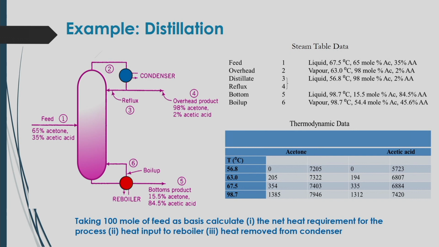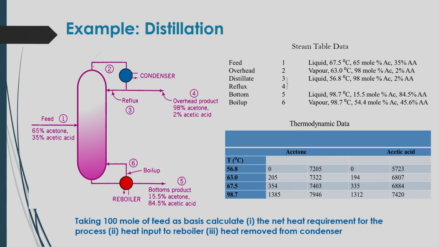It will be passed through that distillation column, where it will be evaporated based on the boiling point temperature. From the bottom of the distillation column, the product will come out as bottom product of certain percentages of acetone and acetic acid, and a certain amount will be recycled to the distillation column as boil up.